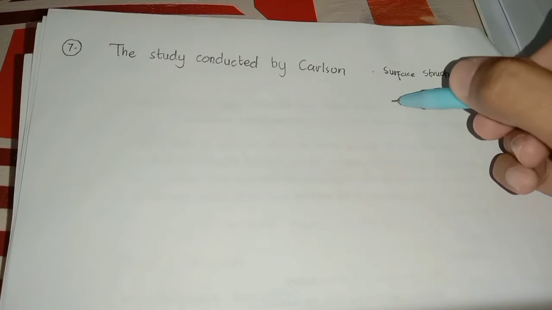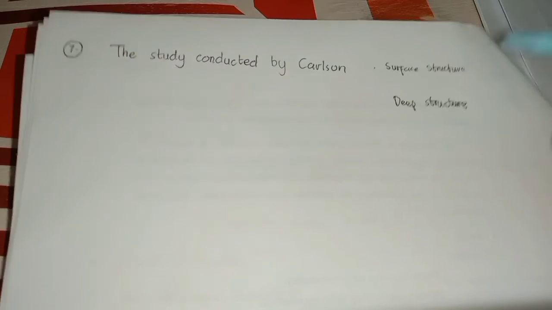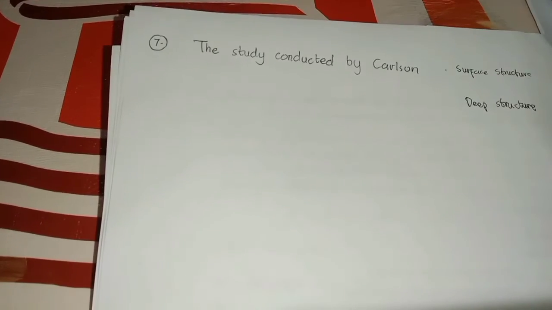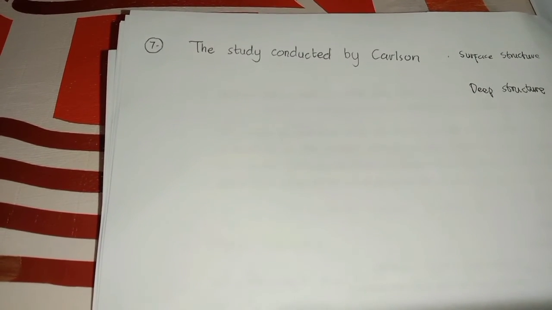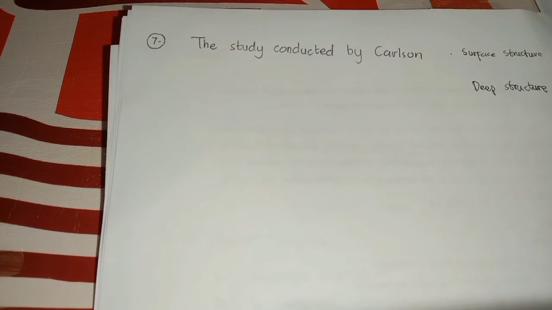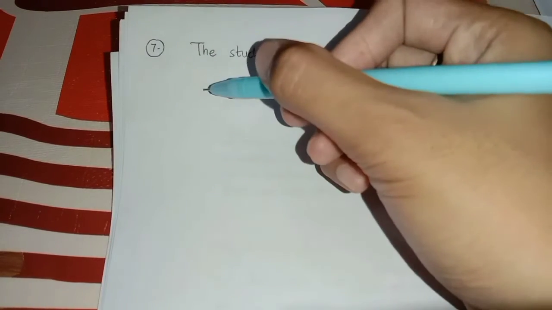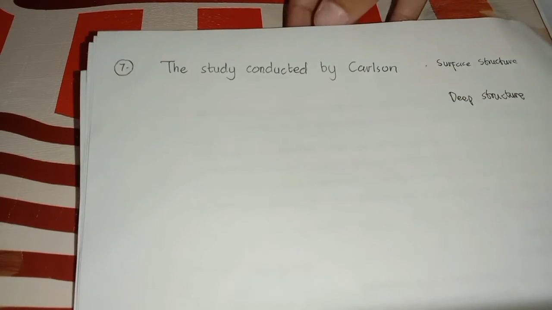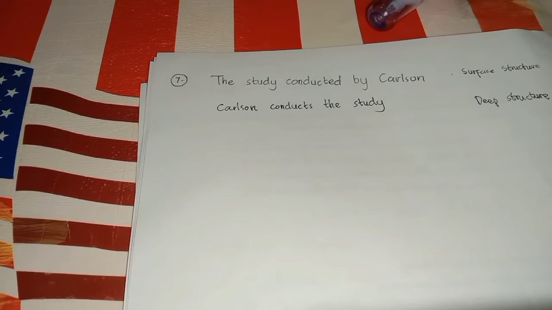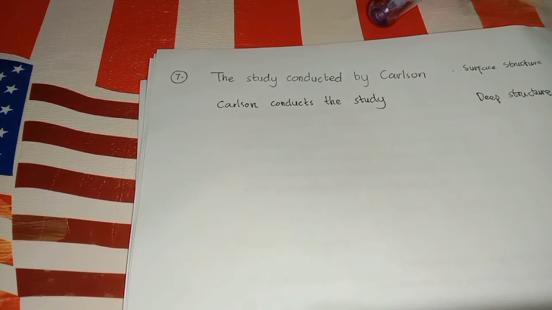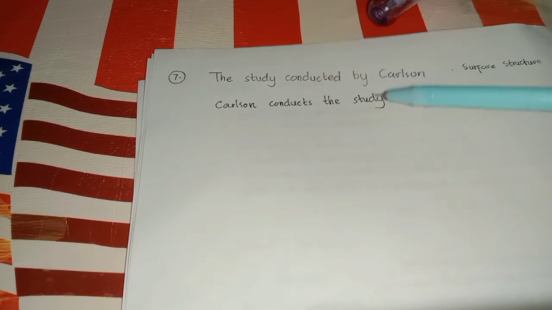And before it, we can find the deep structure of this sentence. As we know that in passive voice, the object in active voice becomes a subject, and the subject in passive voice becomes the object. Let's make the active of the sentence. So that the deep structure of the sentence is Carlson conducts the study.